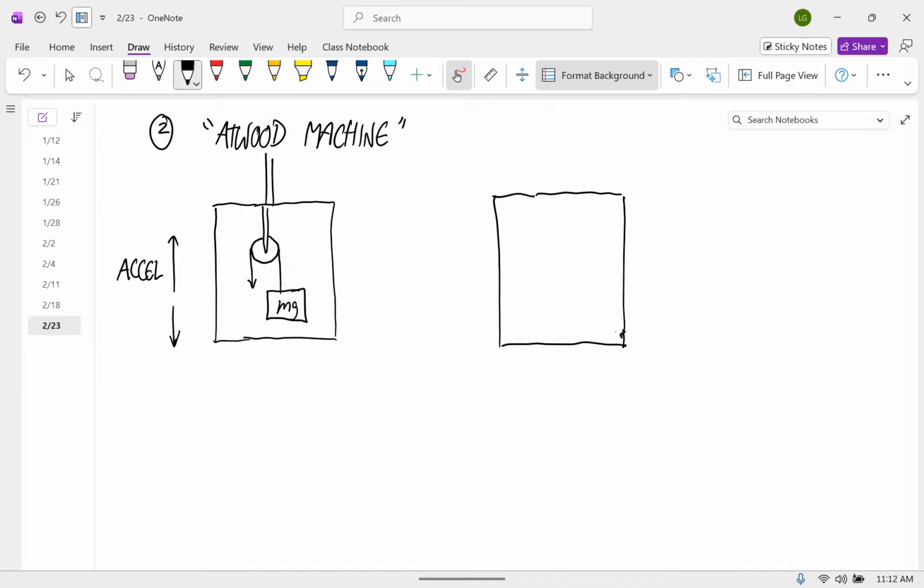You could do similar things with a block and tackle system, where this is accelerating either up or down.